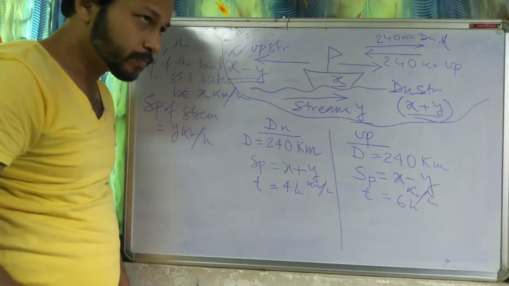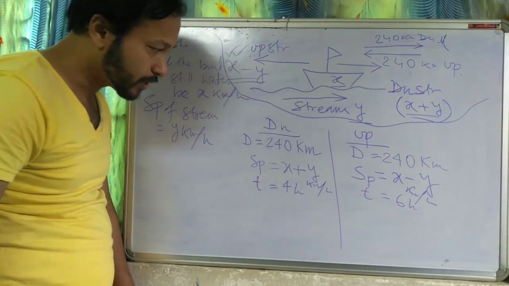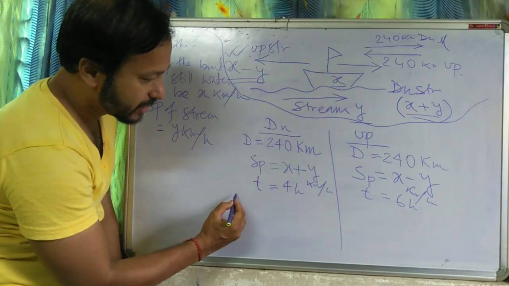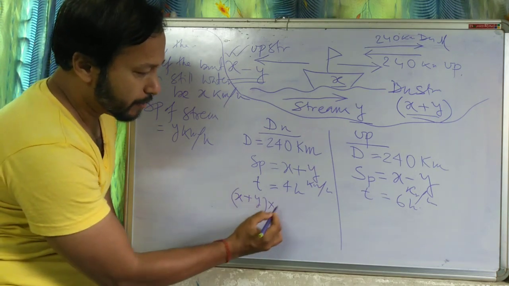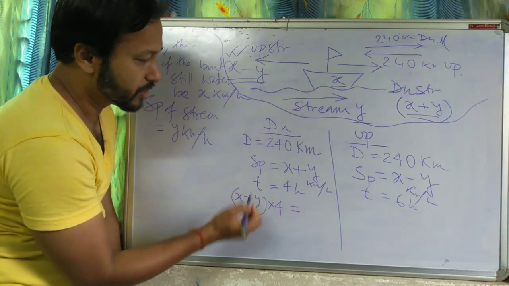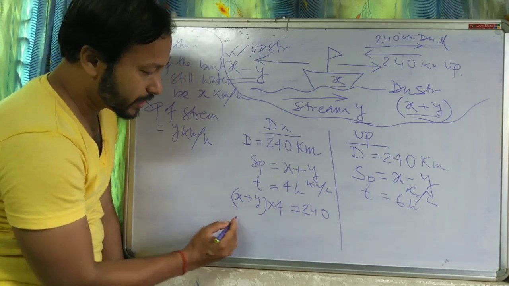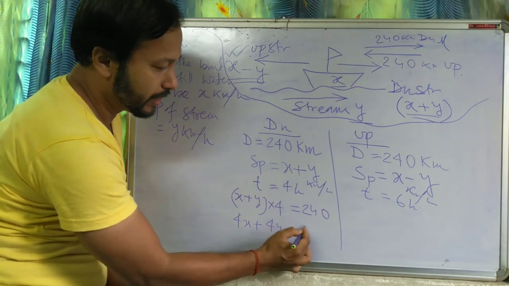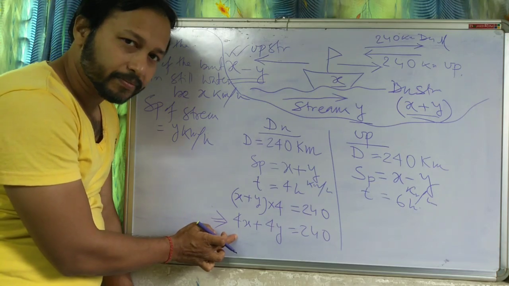So we know that distance equals speed into time. So we can write speed into time equals distance 240. Now 4 into x, 4x, plus 4 into y, 4y, equals 240. So we are getting our first equation.